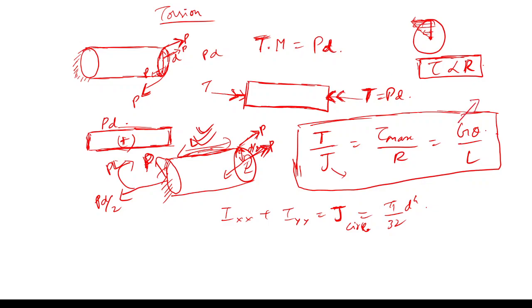L is the length of the shaft, and tau max is the maximum shear stress. And what is theta here? Angle of twist at the free end.